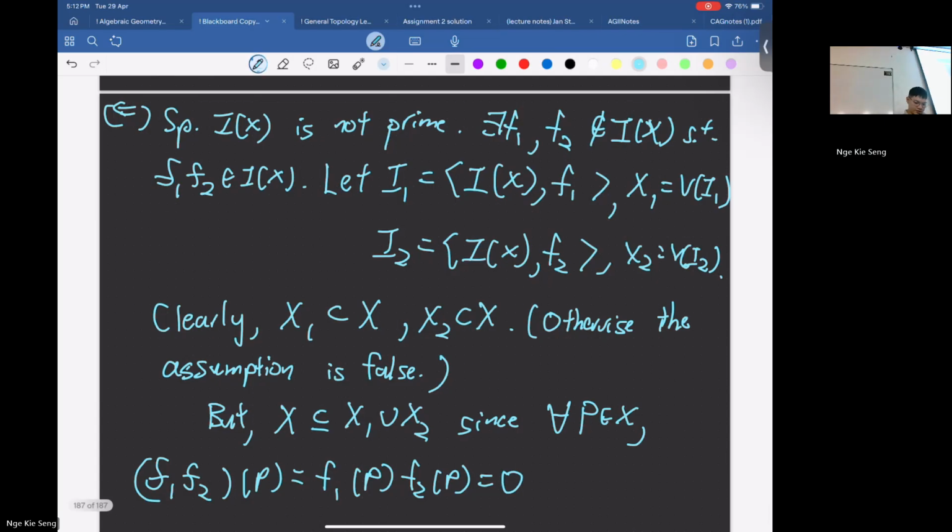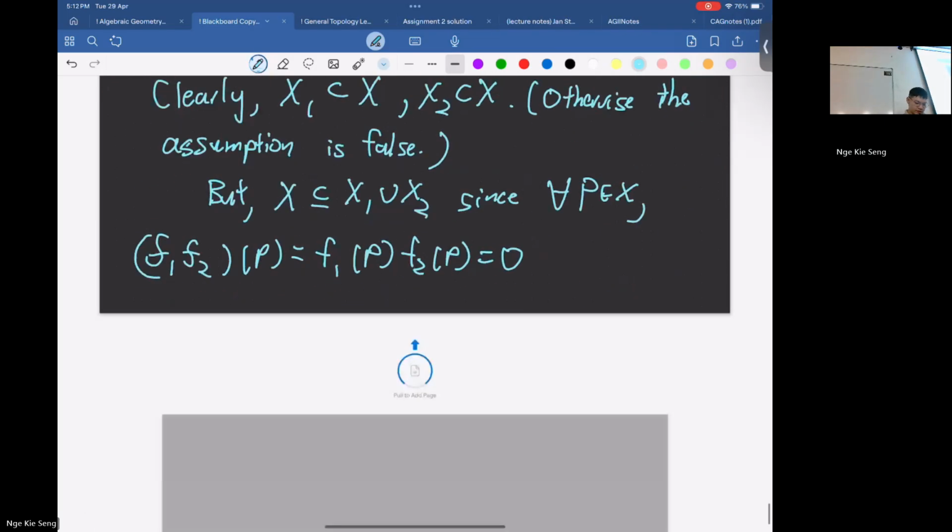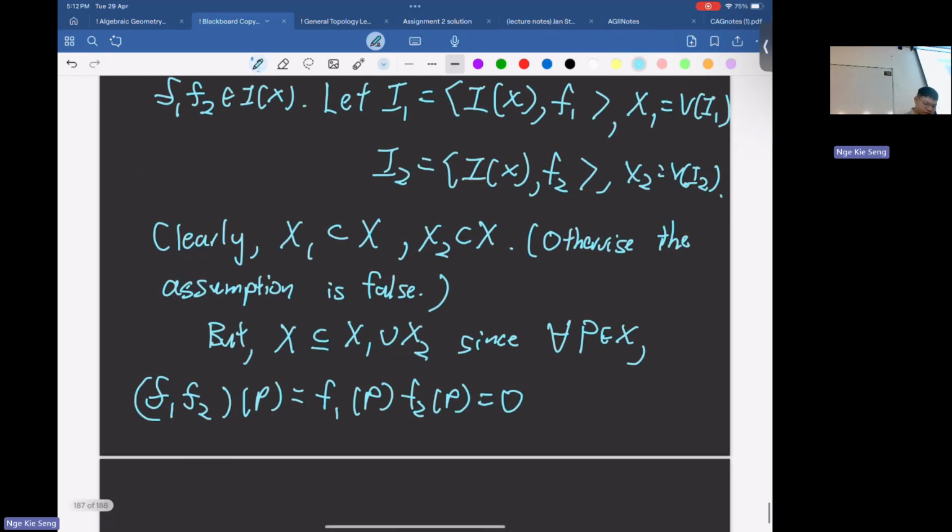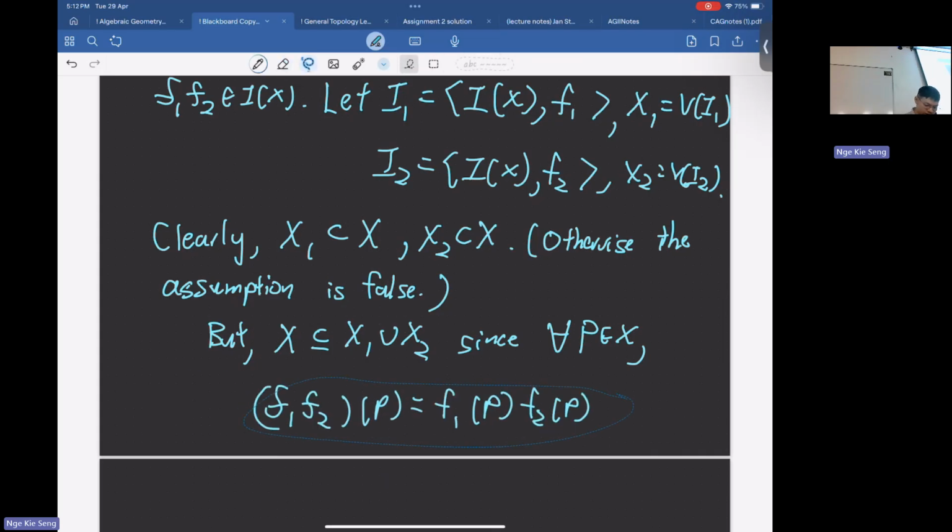Maybe this equals 0 part should be put on this side. Right. So f1 f2 at P must be 0.